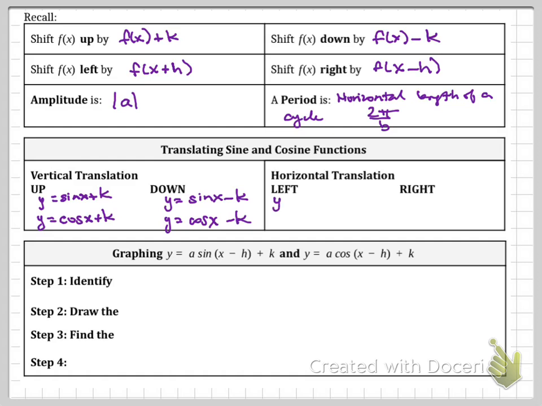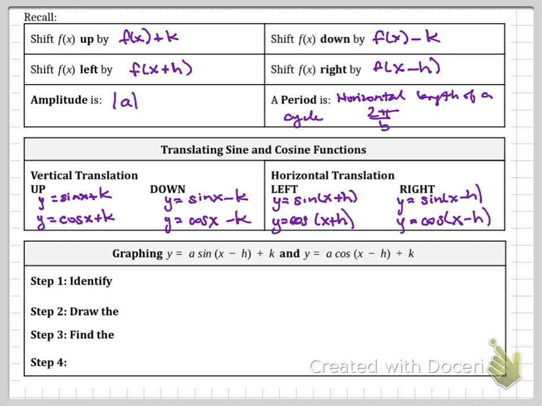For left, that is y equals sine of x plus h, or y equals cosine of x plus h. To the right, it's y equals sine of x minus h. It's the opposite because it's what makes it 0. Then y equals cosine of x minus h.